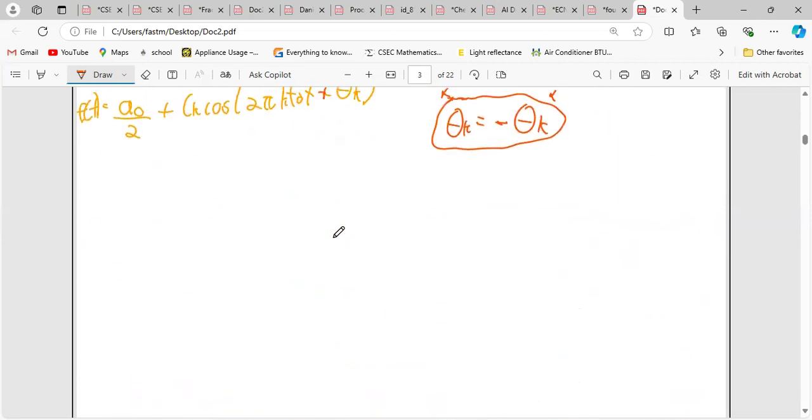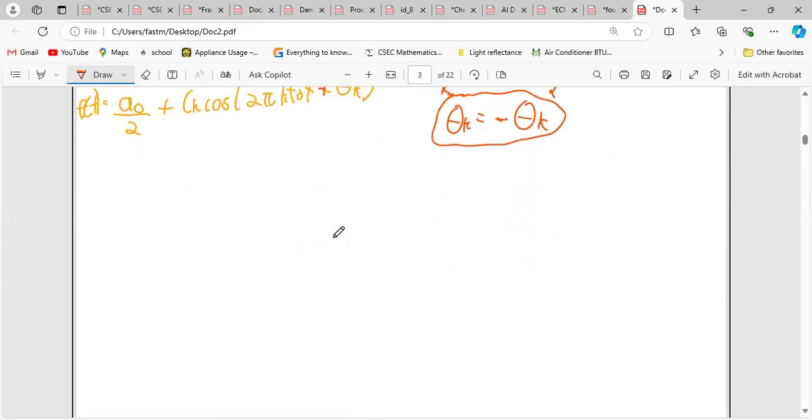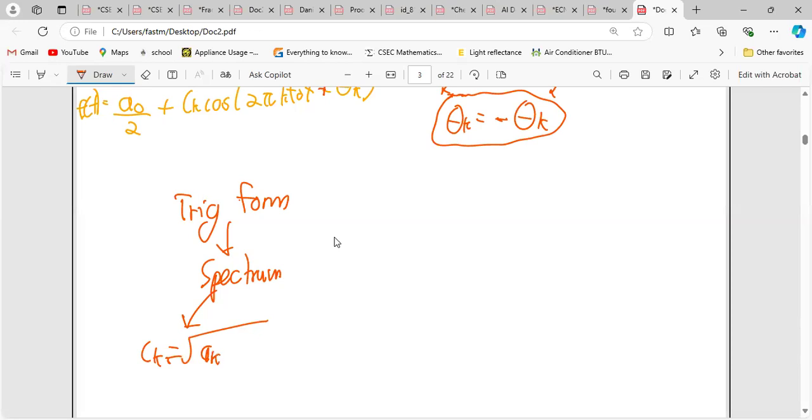Very important. To wrap up everything, we have to remember that anytime you're in the trig form and you want to get the spectrum, just take Ck as the square root of your Ak value squared plus your Bk value squared. And when you want to get the phase spectrum, which is your theta k, it's just minus tan inverse of Bk over Ak.